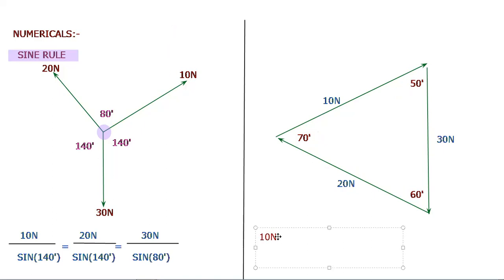So in simple language, you can have 10 Newton opposite to sine of 60 degree, then 20 Newton opposite to sine of 50 degree, then 30 Newton opposite to sine of 70 degree.